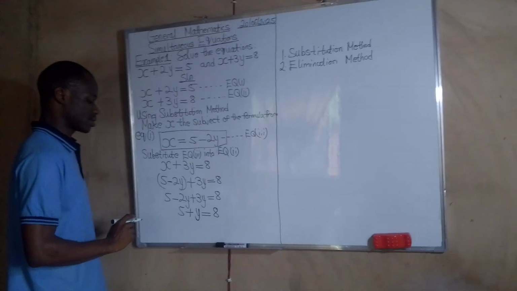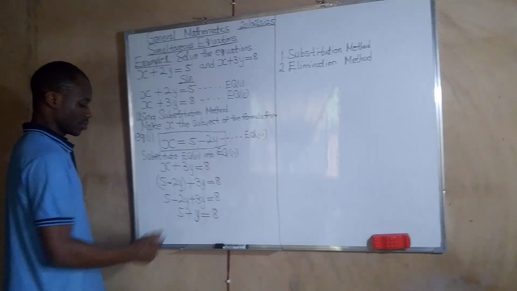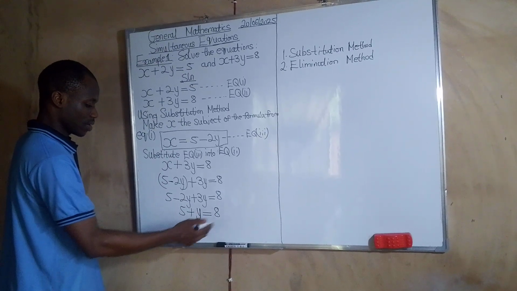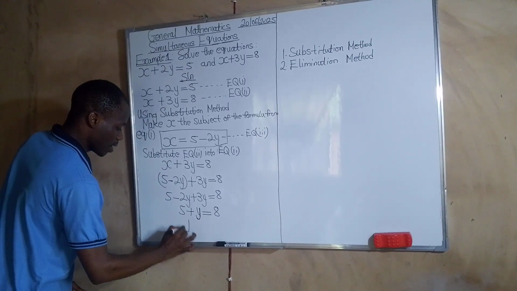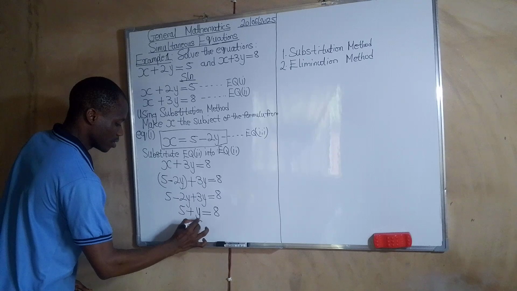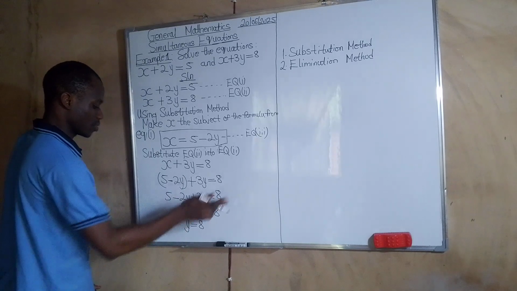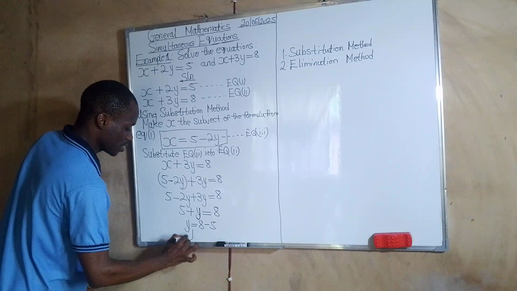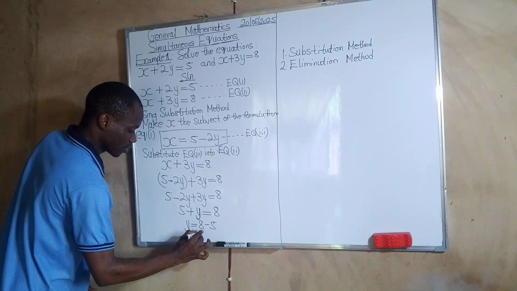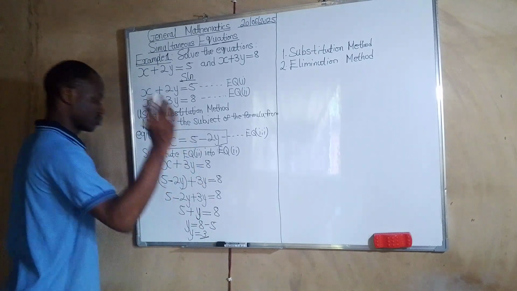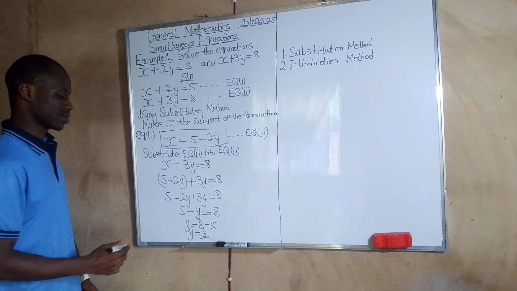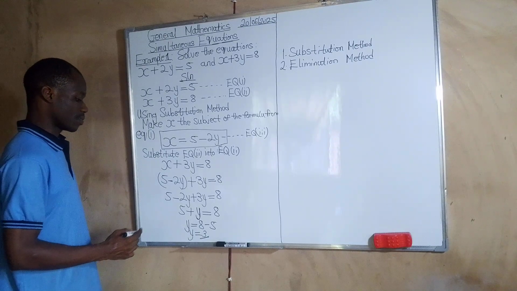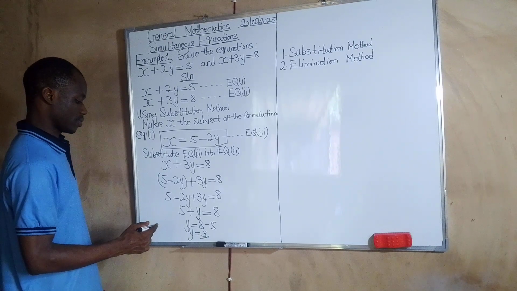Equals 8. Now, you make y the subject of the formula. You say y equals 8, take this 5 to the other side, it becomes 8 minus 5. So y equals 3. So we have gotten our first answer, which is y equals 3.